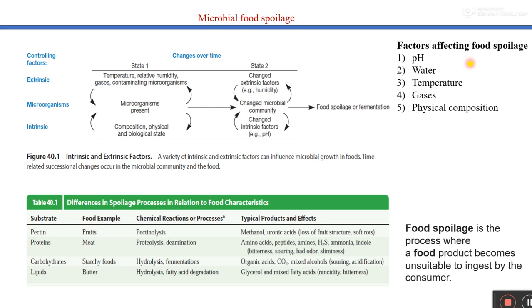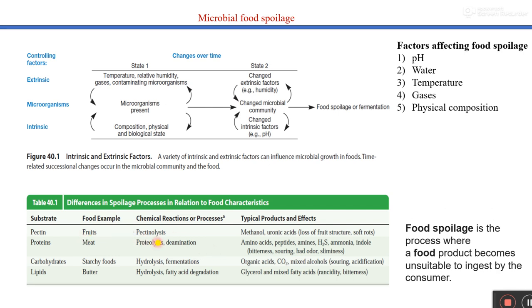Now, food spoilage is the process where a food product becomes unsuitable to ingest by the consumer. In this table you can notice different kinds of foods, the substrates which are vulnerable to spoilage, and what kinds of products form in the food as a result of spoilage.